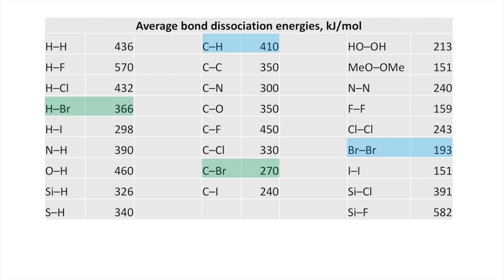On a very, very rough sense, if we add up the bond dissociation energies that we started with, the CH and the Br-Br, and then add up the bonds that we end with in green, you can see that the bond dissociation energies in green sum to a higher number than in blue, right? In blue you end up with something like 600 or so, and in green something more like 630.